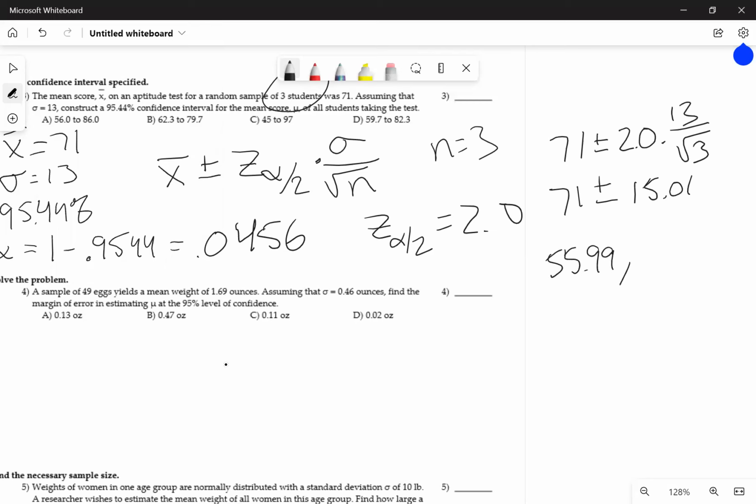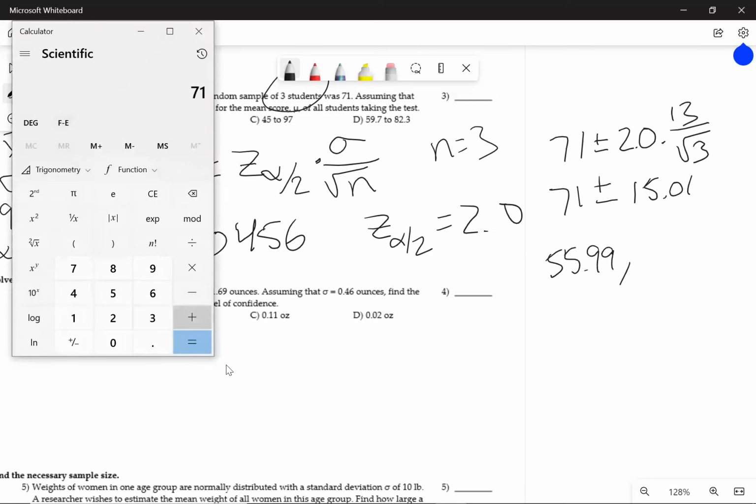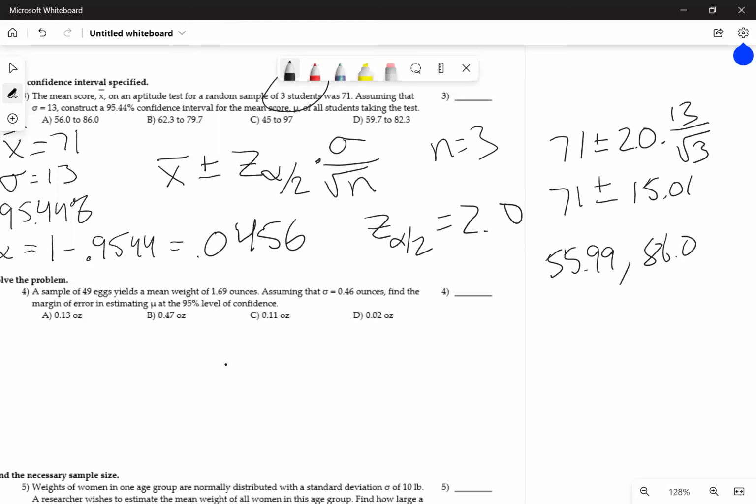And then I'm going to add 71 plus 15.01 gives me 86.01. And if I round those, this is 56 and 86, which is this right here, A, 56 to 86.